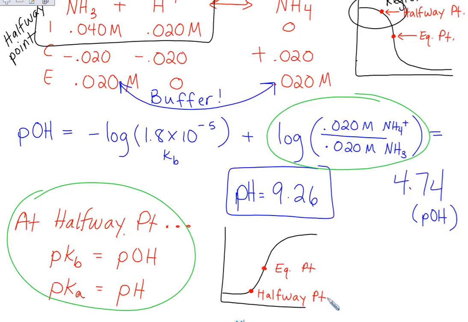It does still fall in that buffering region where I'm adding strong base and the pH isn't changing dramatically. But with your calculations, that will always hold true. After your ice table, if you recognize that you're at the halfway point, your pH will just be the opposite log of the Ka, or your pOH will be the opposite log of the Kb. And that's why this ratio at the end will always end up being 1.